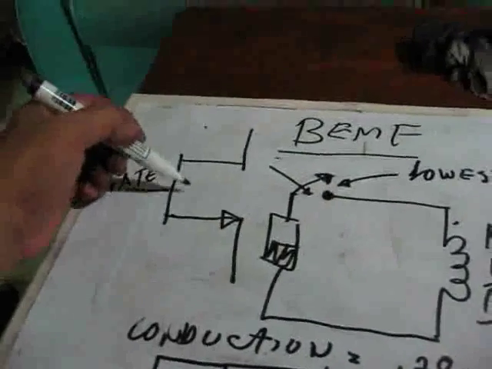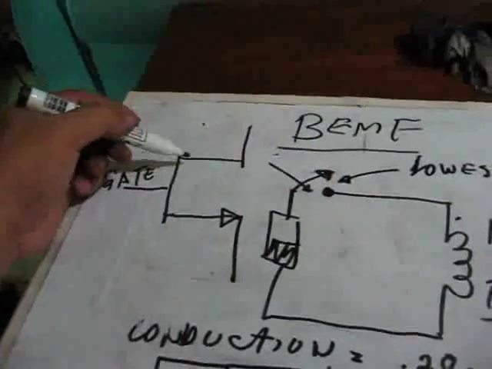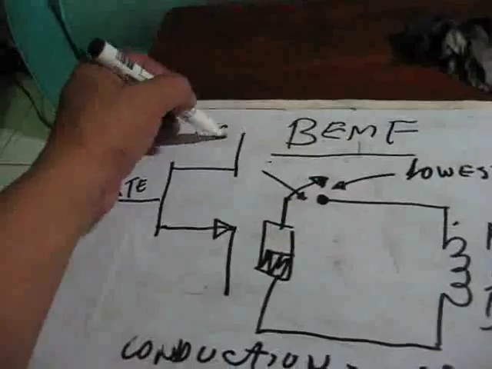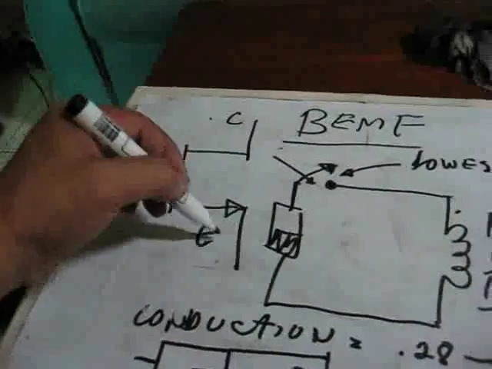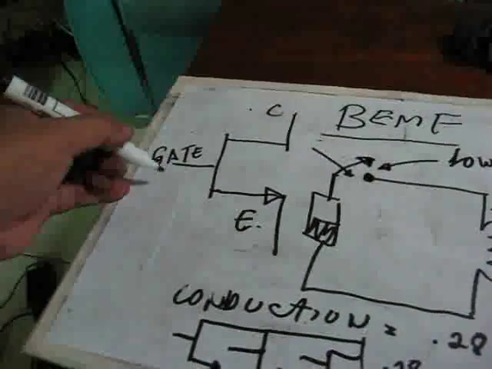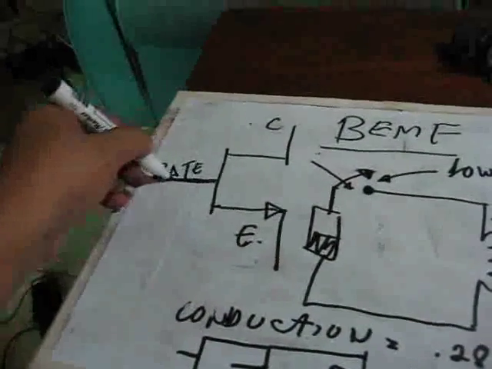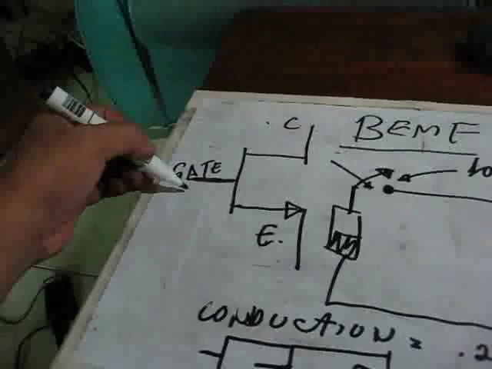This is what I'm talking about: the conduction between collector and emitter must be the lowest resistance, so everybody will know it. Actually this should be base, but here the gate is the weakest link.